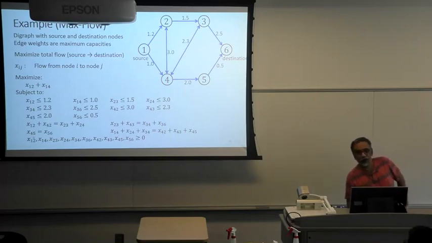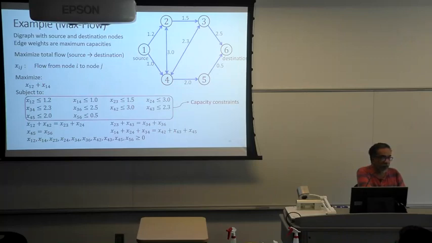So I have inequality constraints and equality constraints. And of course, the flow must be positive. So all these variables are greater than or equal to 0, non-negative. These are called the capacity constraints. How many capacity constraints do I have?